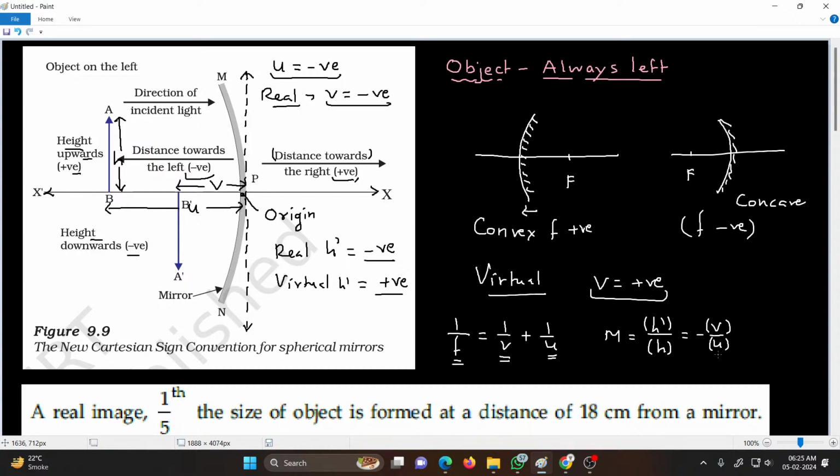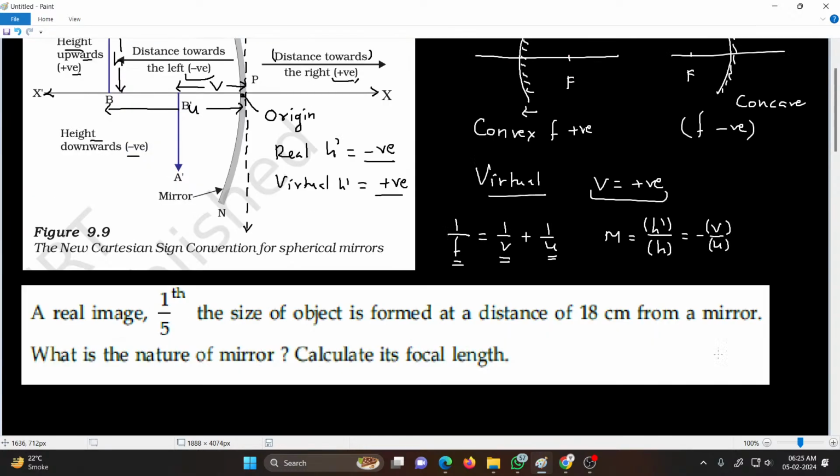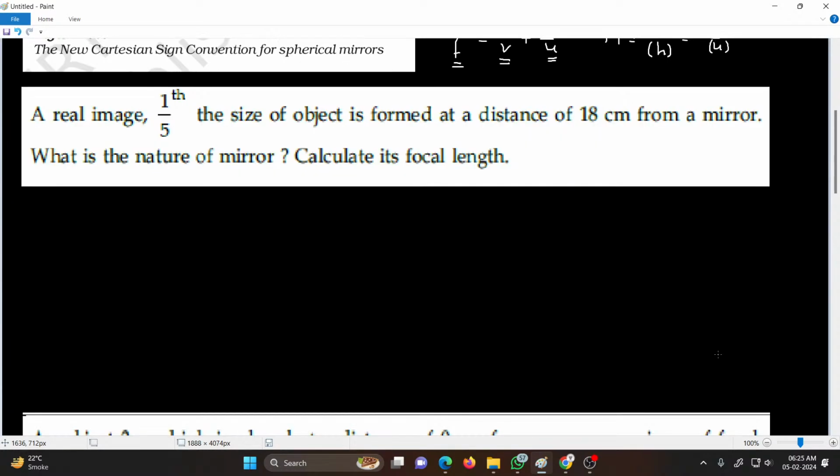So these are the sign conventions of the spherical mirror, and based on these sign conventions we will solve some numericals. The first one: a real image 1/5 the size of the object is formed at a distance 18 centimeter from the mirror.